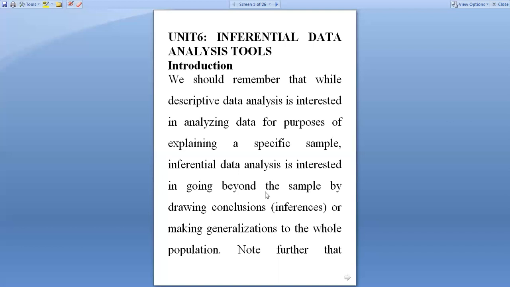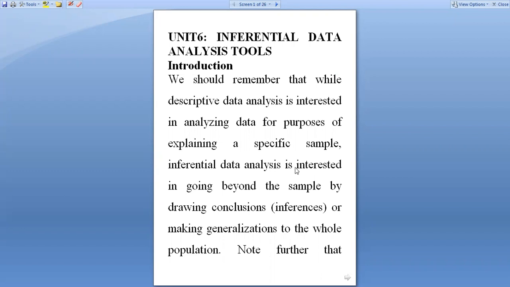But inferential analysis is interested in going beyond the sample by making conclusions or generalizations to the whole population where the sample being described was chosen.